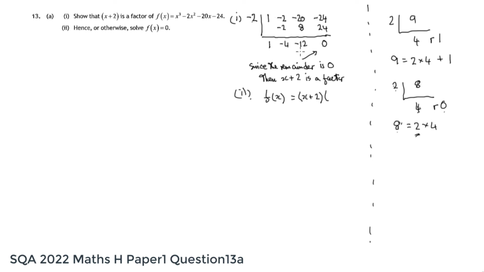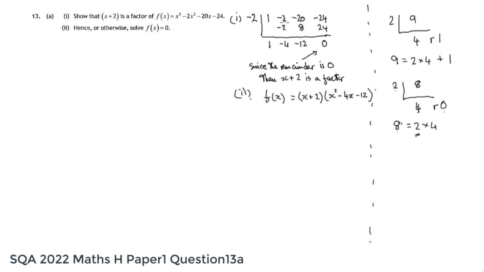Now that polynomial that's sitting down there, that's coded. It's the coefficients we're given. So it's 1x squared minus 4x minus 12. You see there's just 3 of them. So it's a quadratic: x squared, x, and a constant.